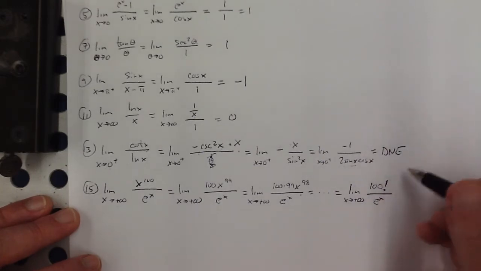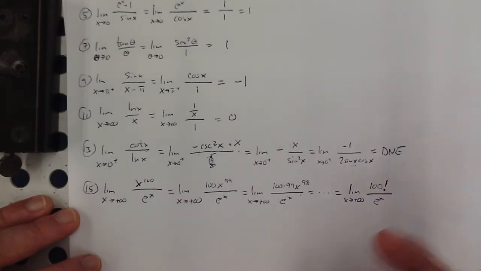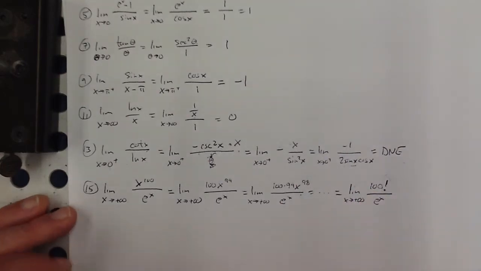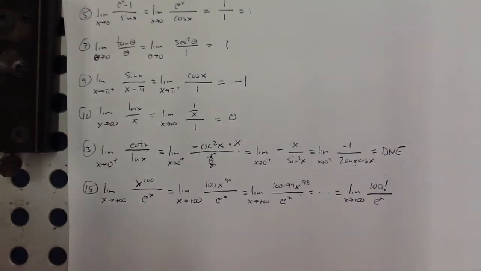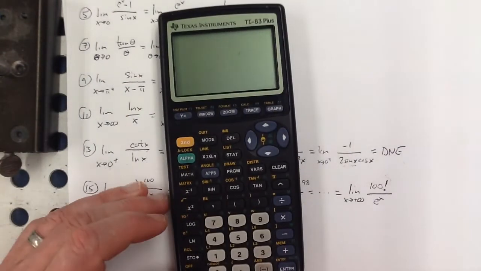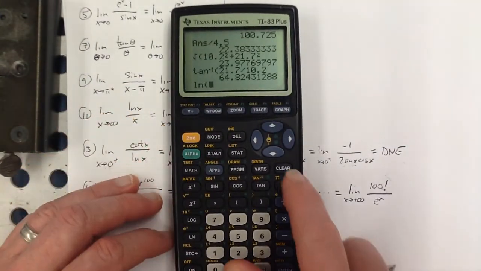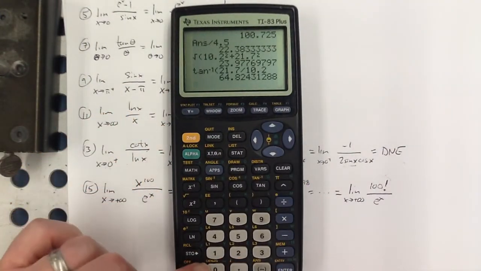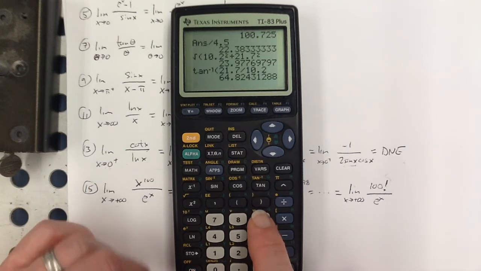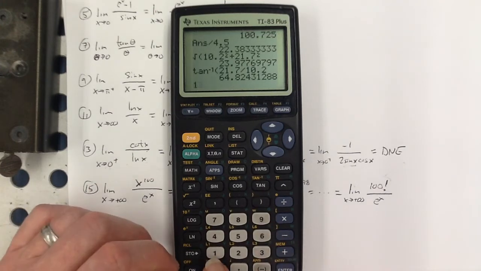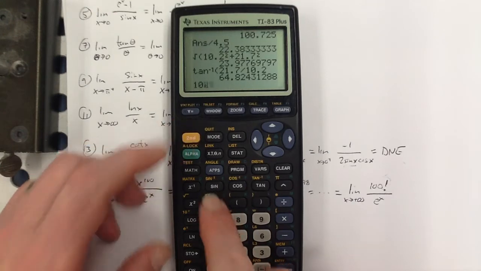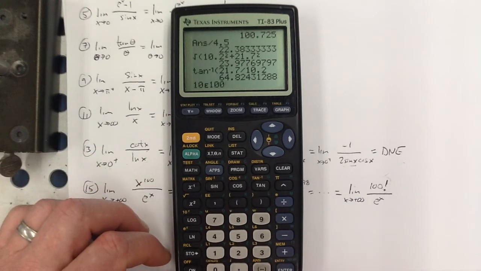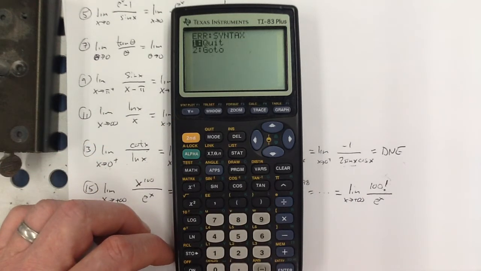So however impossibly large this number is, and it is impossibly large, that number, for example, is too big for the tiny little brain of your calculator to manage. The biggest number that your calculator can handle is, let's see if it'll let me do this. If you do 10 to the 100, I think that busts it. Yep.